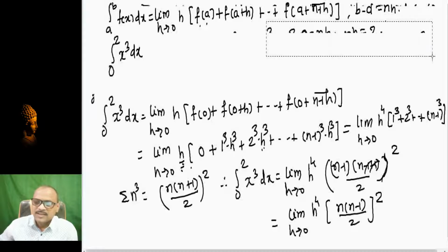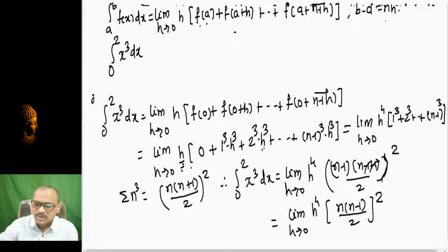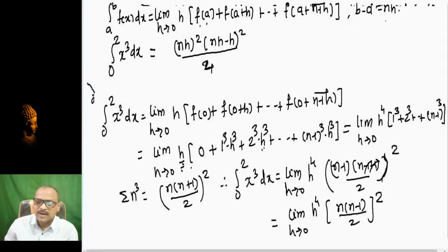We adjust this h raised to 4 in the order that we can put the value of h. Then n square h square and (nh minus h) whole square divided by 4.